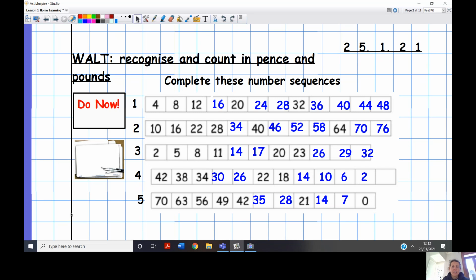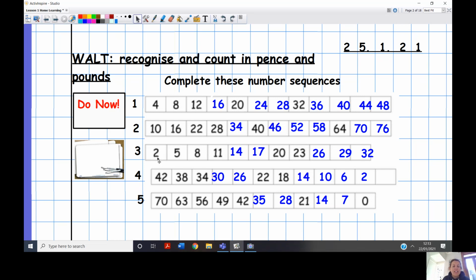Okay, here are the answers. Some of the more eagle-eyed of you would have spotted that some of these are actually our times tables. So we have here our 4 times table in ascending order. You should have spotted the gap in the first one was +4. The second sequence is again an ascending sequence with a gap of 6.